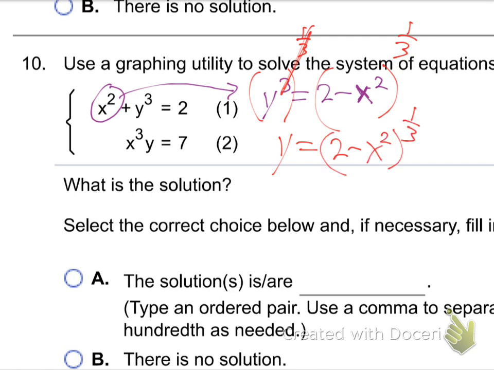There's y alone. That's going to be y1. y2 is going to be 7 over x cubed when you divide by x cubed. So there's y1 and y2. Put them in your calculator, graph it, find the intersection like we did before. So I'll leave that.